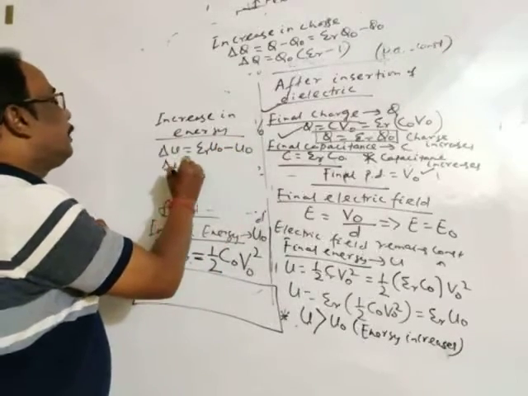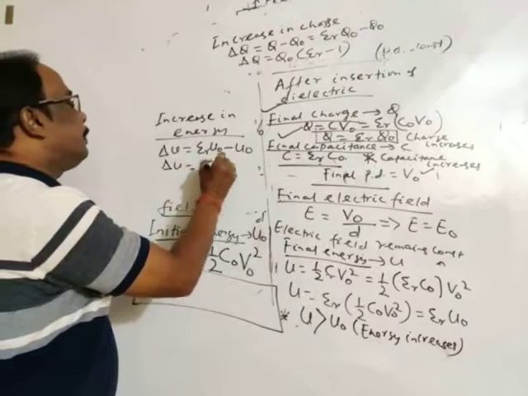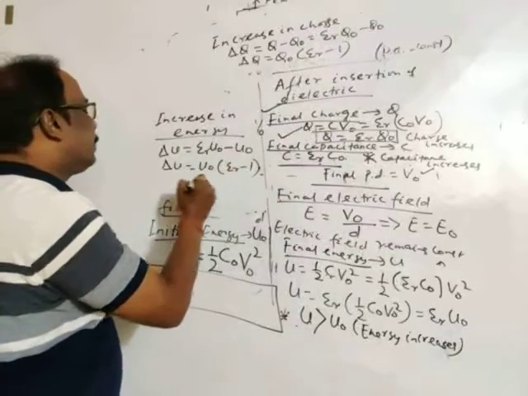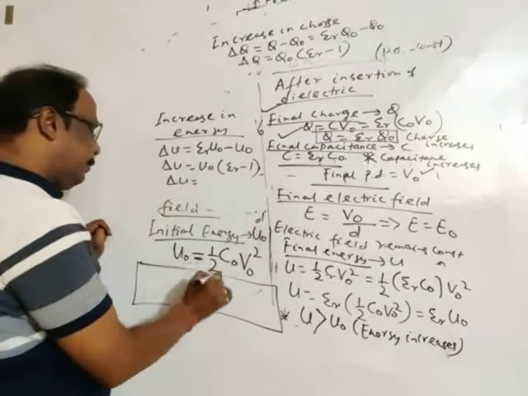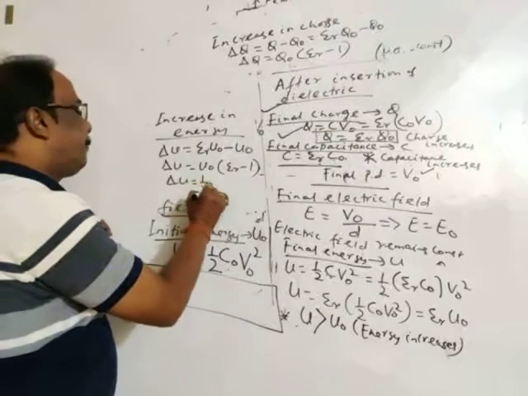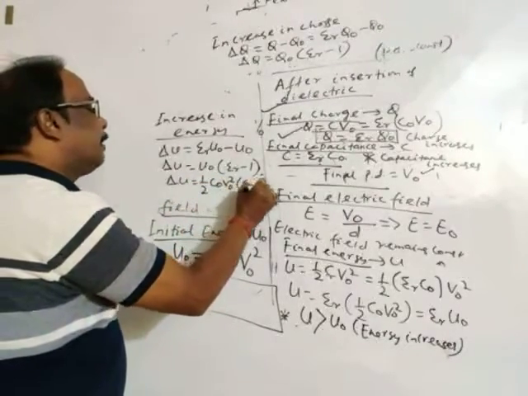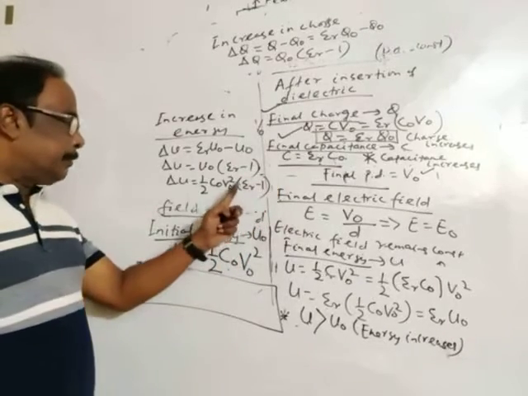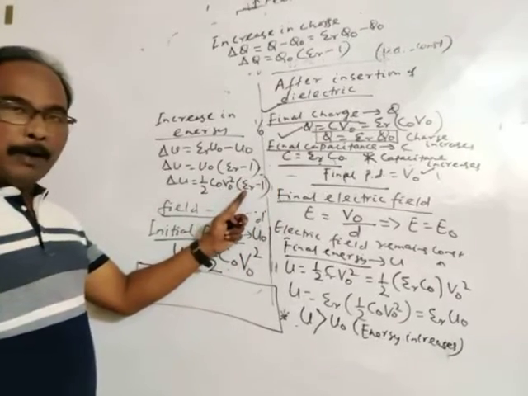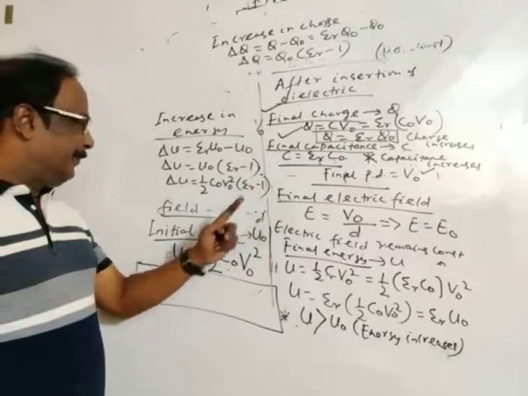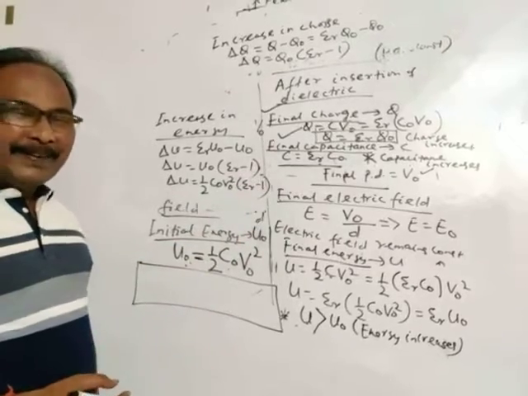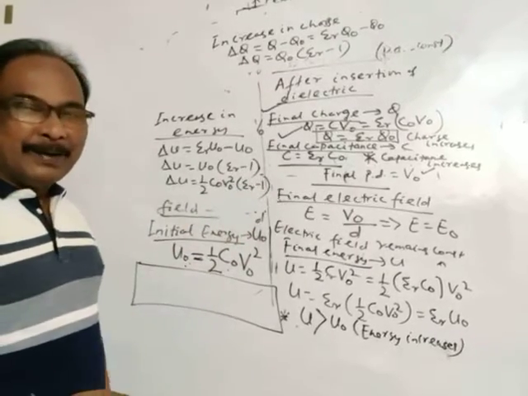So the increase in energy is U naught into epsilon r minus 1, or in place of U naught you may write half C naught V naught square into epsilon r minus 1. Since epsilon r is greater than 1, the energy is increased.